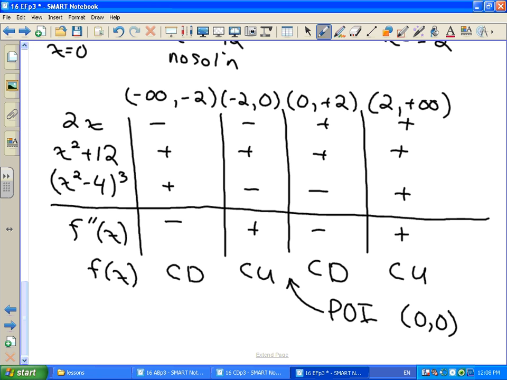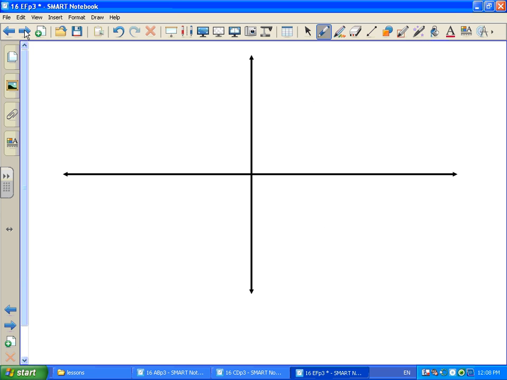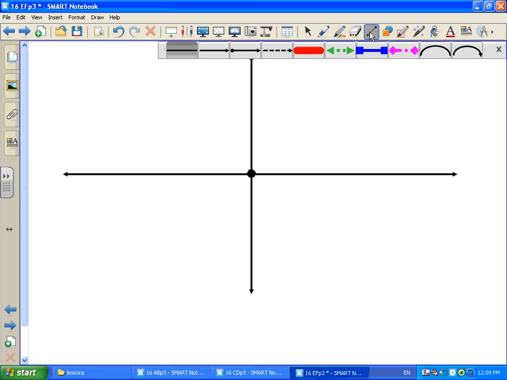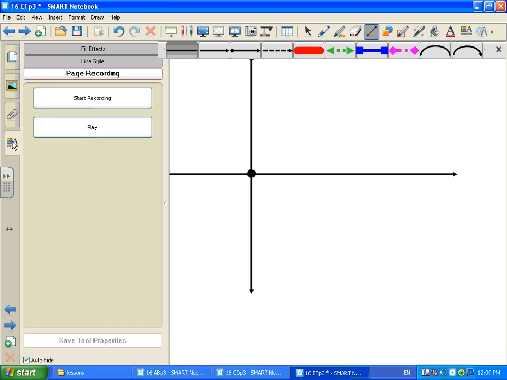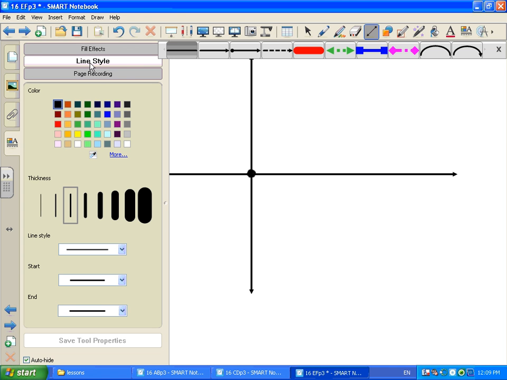So now we can put all of this information together and sketch our graph. So we've got a set of axes here. We've got an intercept at (0, 0). We had two vertical asymptotes here, so let's put those in as dashed lines.